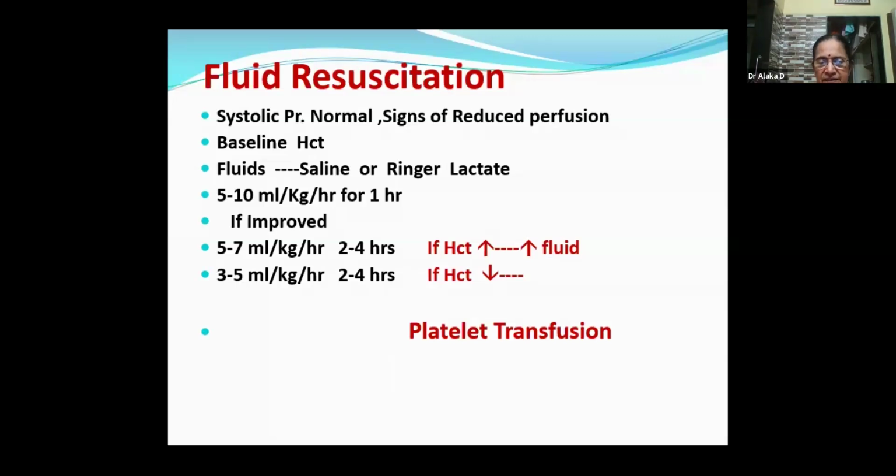When do we give platelet transfusion? The platelets have decreased. Normal is 1,50,000 to 4 lakhs. So when the platelets are less than 1 lakh, we say thrombocytopenia. But that doesn't mean we have to rush immediately and give platelets. We go on monitoring the platelets and the hematocrit, and until platelets drop to 20,000 per cubic millimeter, there is no hurry to give platelet transfusion.